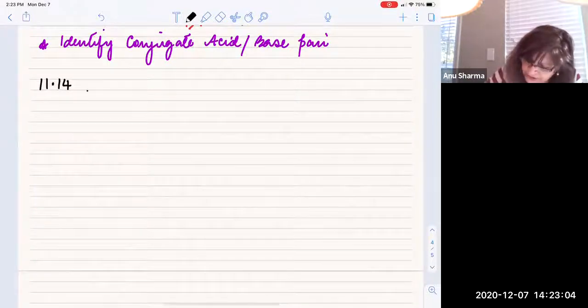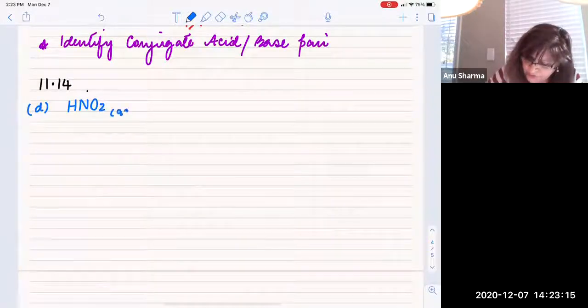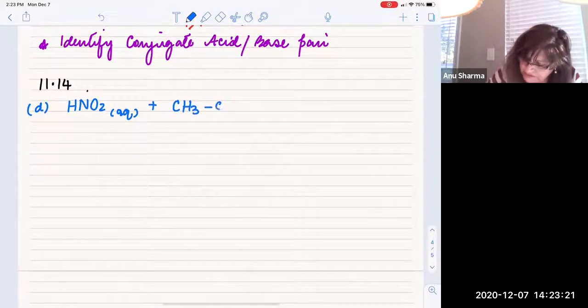Okay, let's do this, part D. And here part D is HNO2 aqueous, plus CH3CH2NH2, and this again at equilibrium.